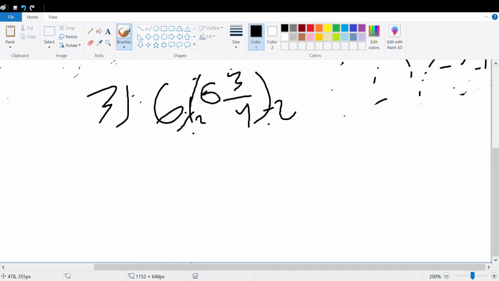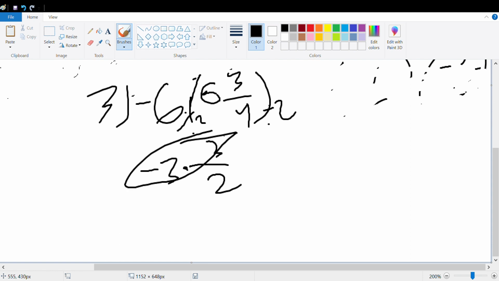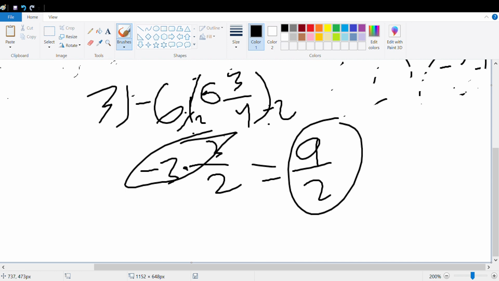So what we're going to get is negative 3 over 1 times 3 over 2. Okay? And so now we multiply across. Negative 3 times 3 is 9, and that's over 2, so the answer is going to be negative 9 over 2.